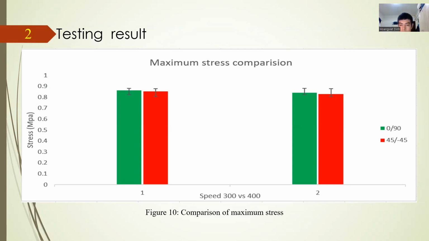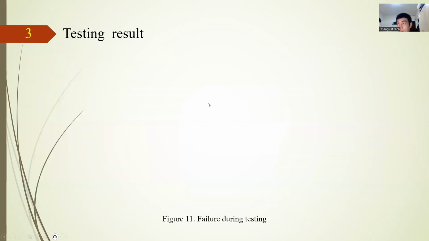The maximum stress was around 0.86 megapascal at 400 mm per second printing speed with a raster angle of 0/90 degrees, whereas at 400 mm per second printing speed and a raster angle of 45/minus 45 degrees, the maximum stress was approximately 0.84 megapascal.